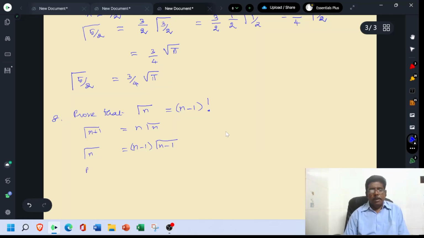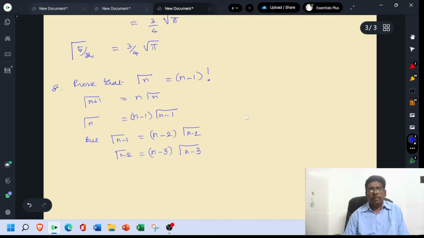But gamma of n minus 1 is equal to n minus 2 into gamma of n minus 2. Then gamma of n minus 2 is equal to n minus 3 into gamma of n minus 3. The series is going on.